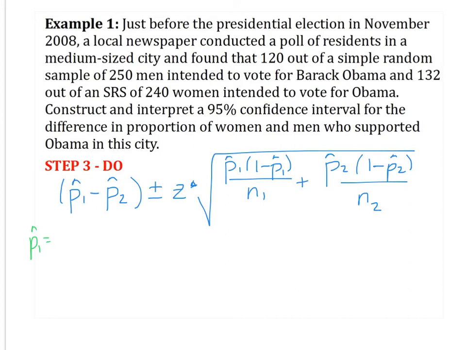Well, that would be for men, the 120 out of the 250, which was 48% or 0.48. And for women, or p-hat 2, that would be the 132 out of 240, which gave me 0.55.